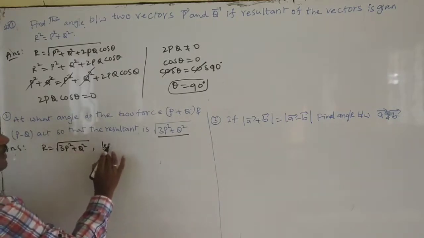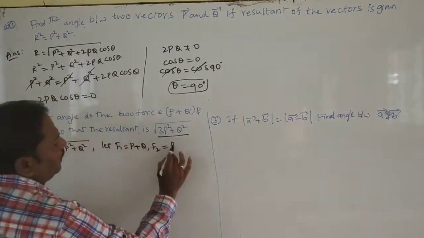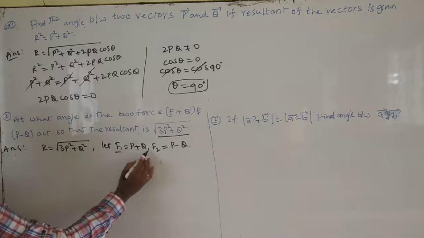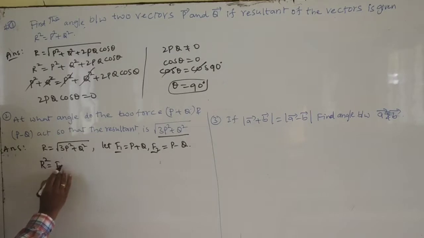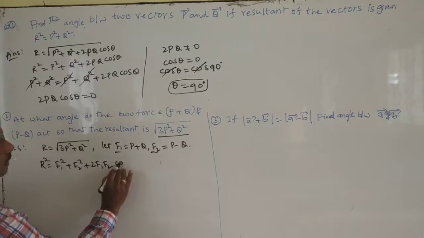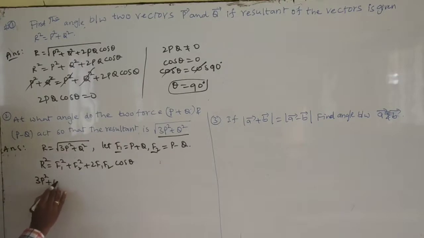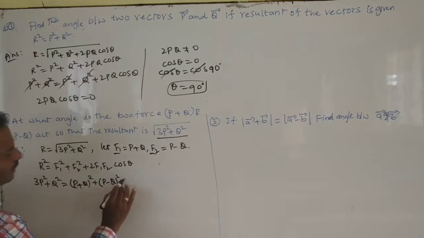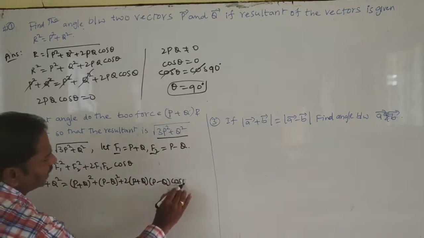So, we are assuming F1 equal to P plus Q and F2 equal to P minus Q. These two are the forces we consider, and R is the resultant. R square equals to F1 square plus F2 square plus 2F1 F2 cos theta. So R square means 3P square plus Q square equal to P plus Q whole square plus P minus Q whole square plus 2 into P plus Q into P minus Q into cos theta.